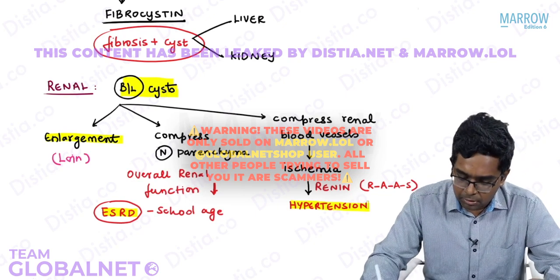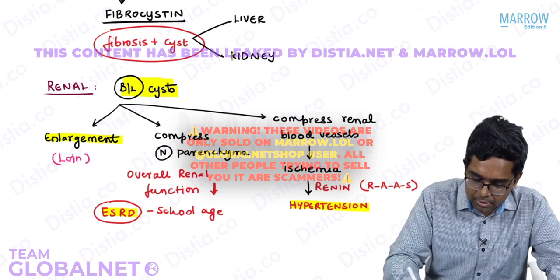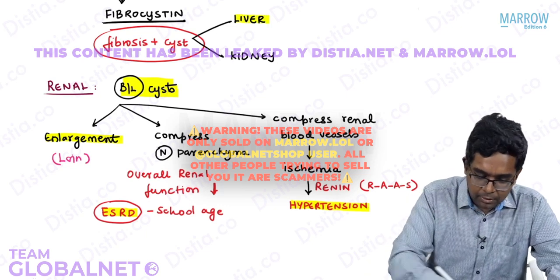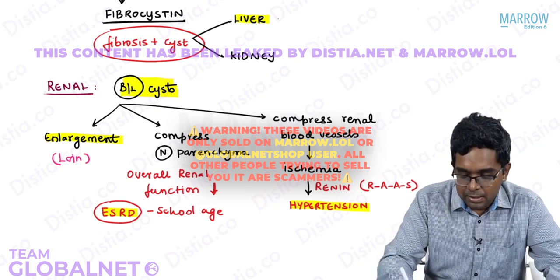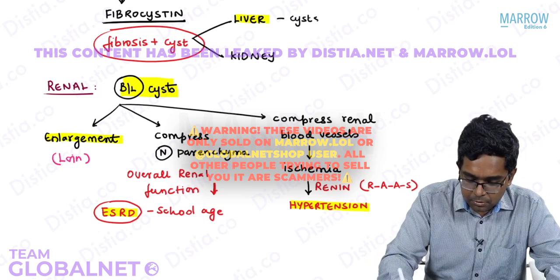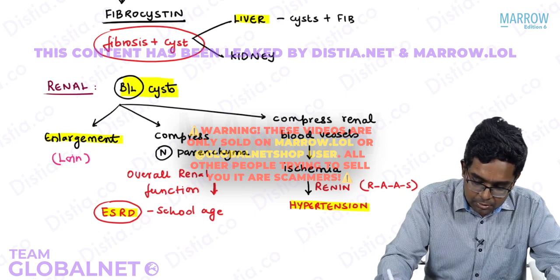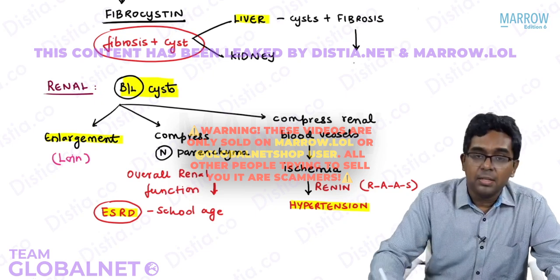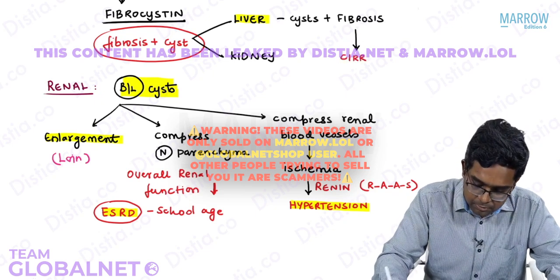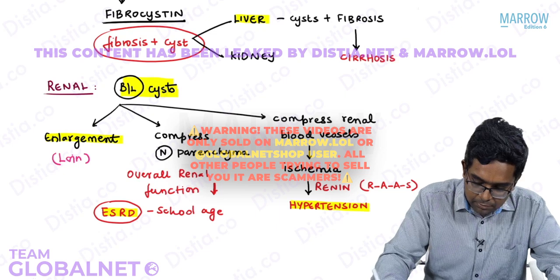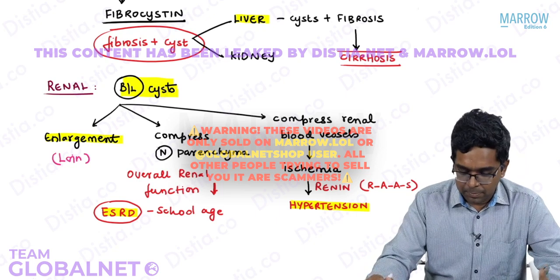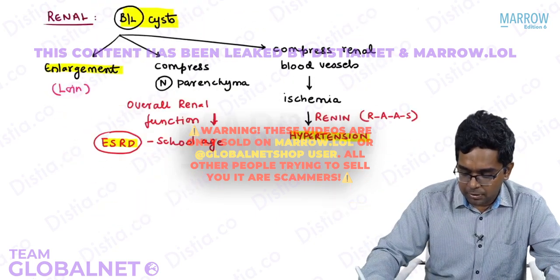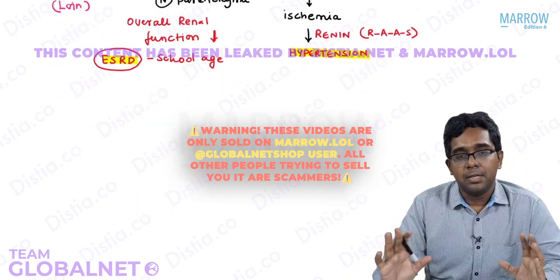Now, the next set of manifestations are related to the liver. In the liver also they are associated with the formation of cysts as well as fibrosis. Now, fibrosis ultimately would result in what problem in the liver? Yes, it is going to result in cirrhosis of the liver. So these children also develop liver failure due to cirrhosis, or chronic liver disease due to cirrhosis. If you look at the management of this particular condition, it is primarily supportive.